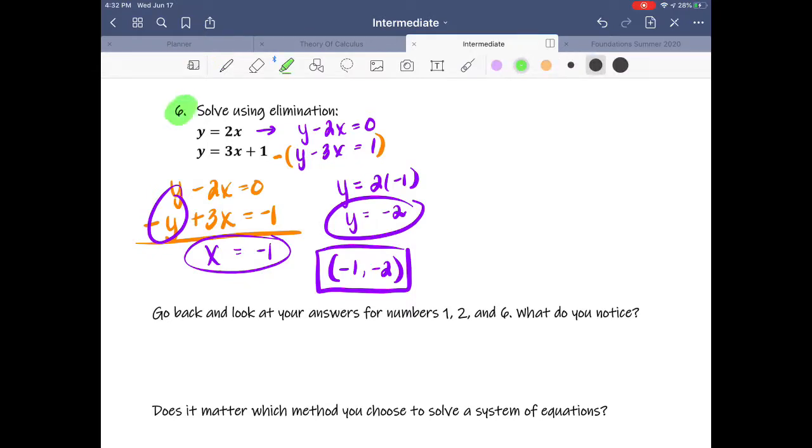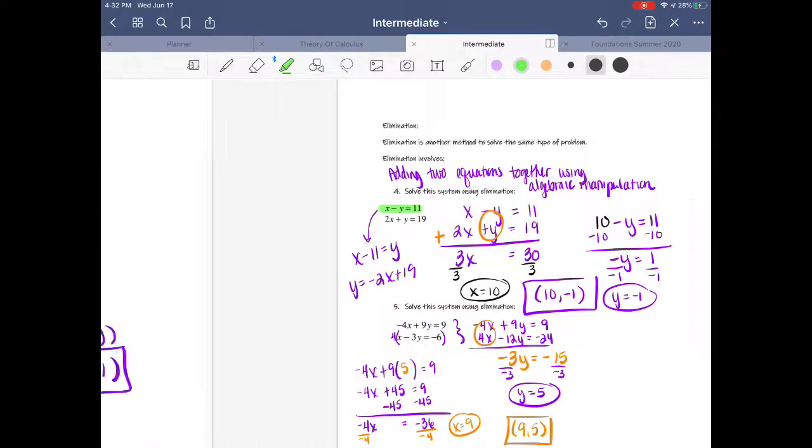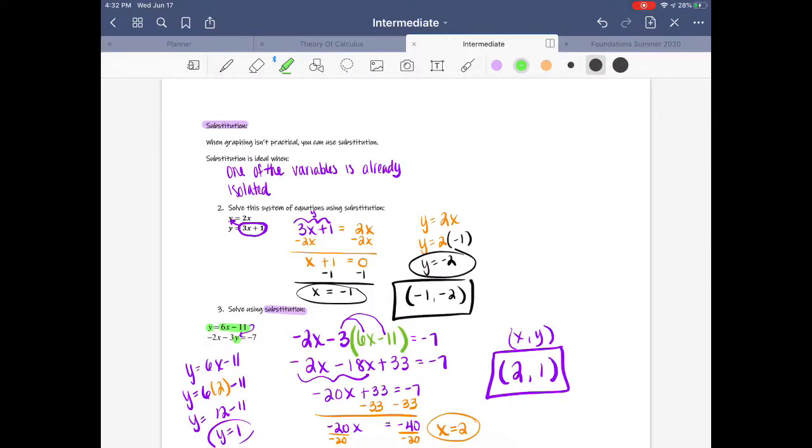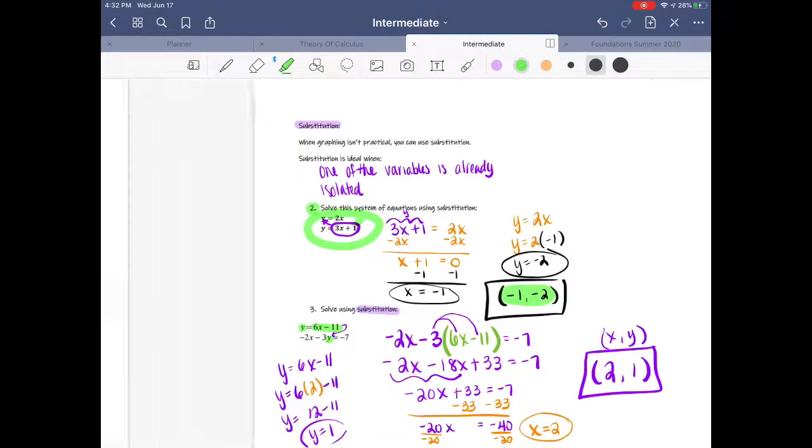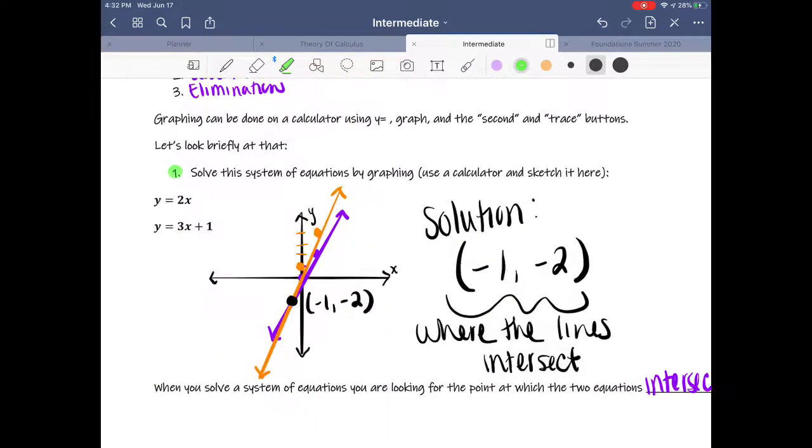So let's just keep in mind number 6, our solution was negative 1, negative 2. Let's go back and look at number 2, which was actually from a previous video, but I have it here. Number 2, negative 1 and negative 2. And then number 1, negative 1 and negative 2.